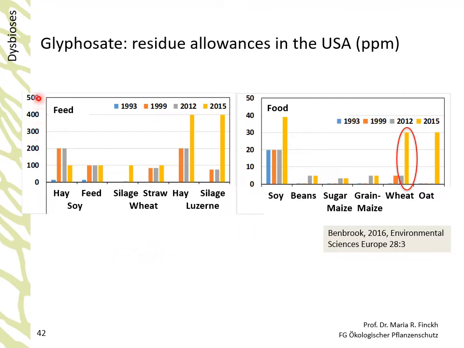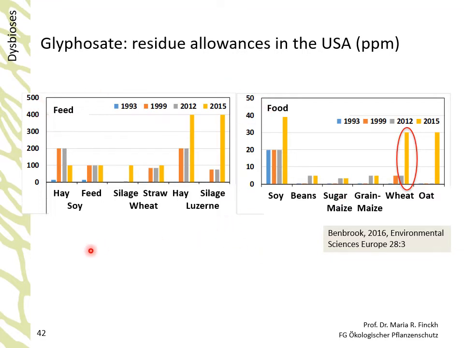You have here residue levels that are allowed in the USA in feed given to the animals, and this goes up to 500 ppm, and ppm is milligram per kilo, or for food, for human consumption, it goes only to 50. So you can see for animals, they get a lot more of this than we do.